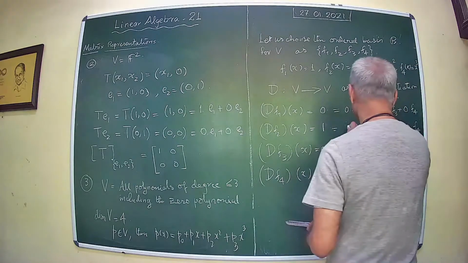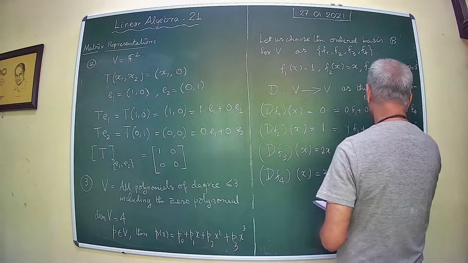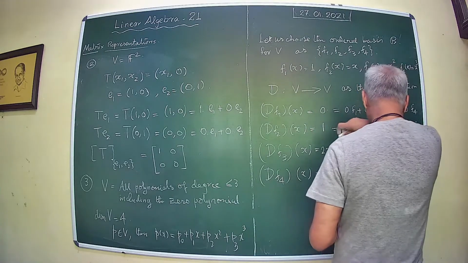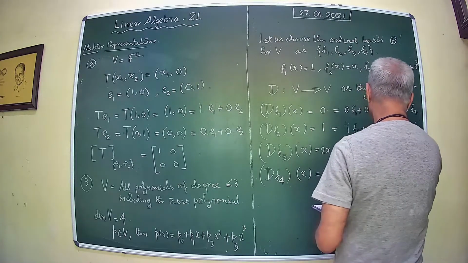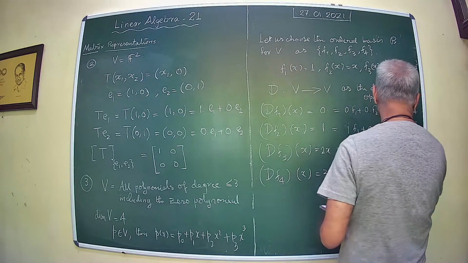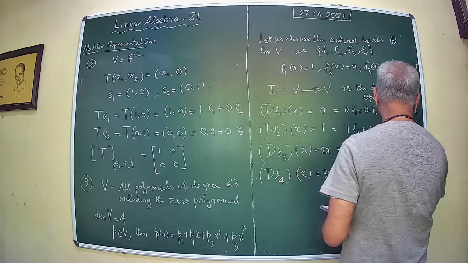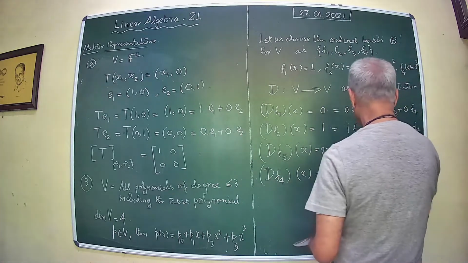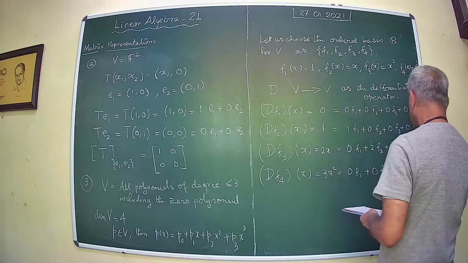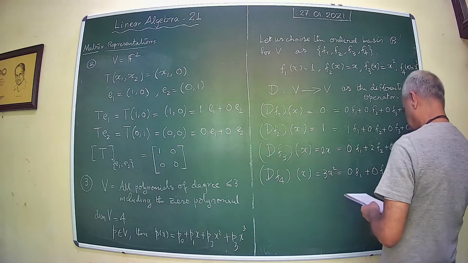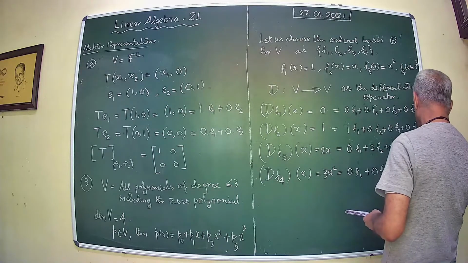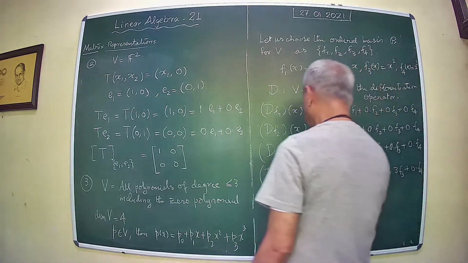It is 1 times F1 and this is equal to 0, right? This is 2. And D(F4) is equal to 3 times F3.